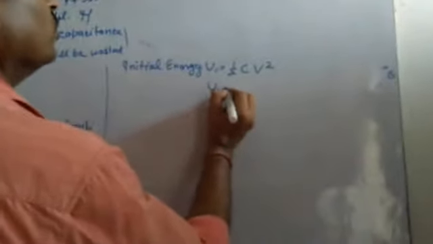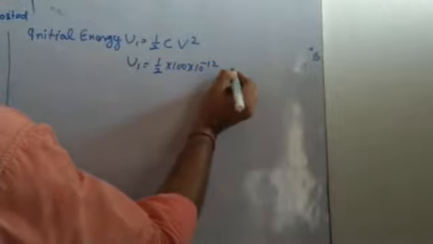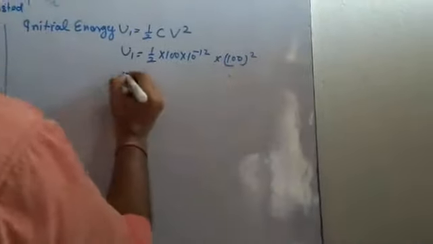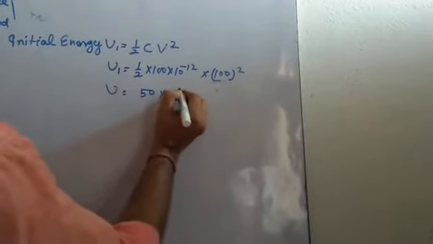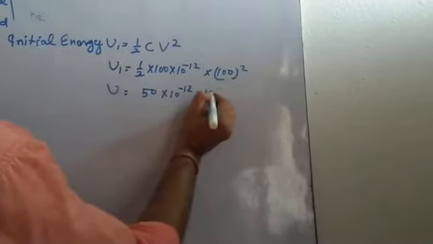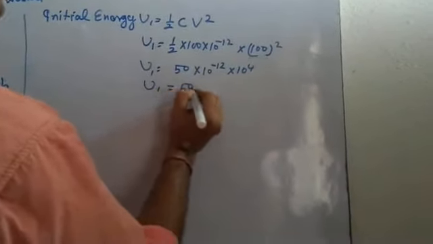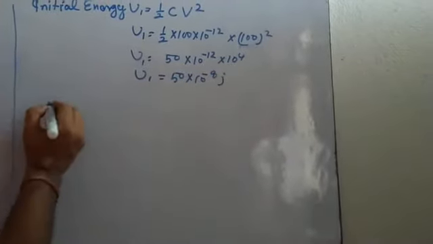E1 equal to half, C is 100 into 10 power minus 12, V is 100, squared. You will get 50 into 10 power minus 12 into 10 power 4. U1 equal to 50 into 10 power minus 8 joule.